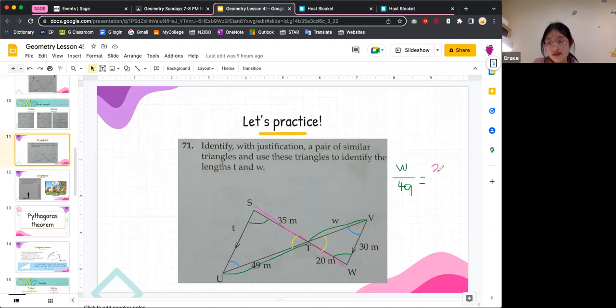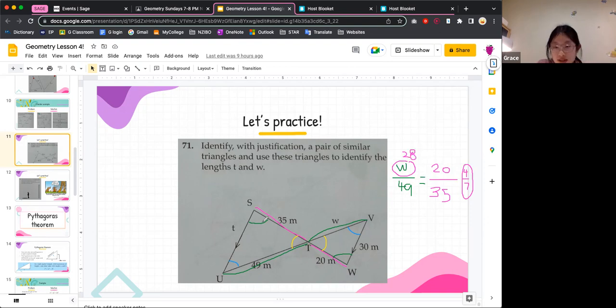We've got 20, 35. And if you were to do some quick maths, you would come out with, so this side is 4/7, right? So this would be 28, I believe.